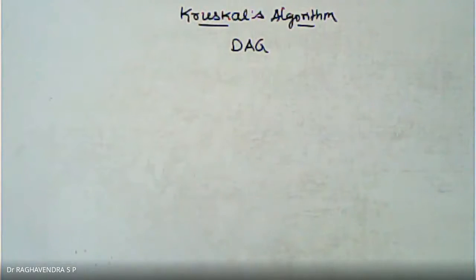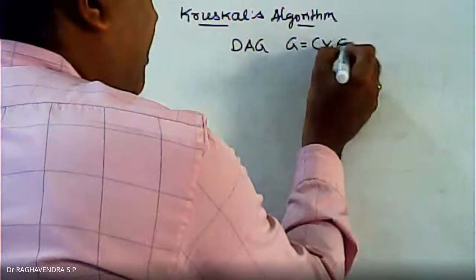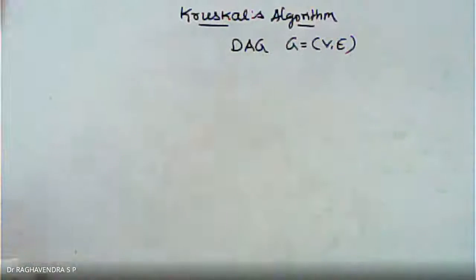For a given graph G equals V comma E, the set of all vertices and edges, it is also similar to Prim's algorithm. The logic is that if a selected edge results in a cycle, it will be neglected, and the procedure continues until n minus 1 edges are selected, which results in a minimum spanning tree.